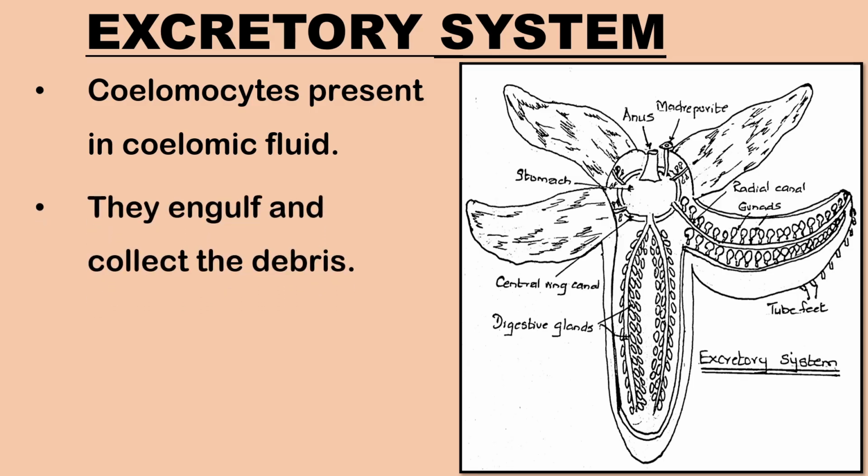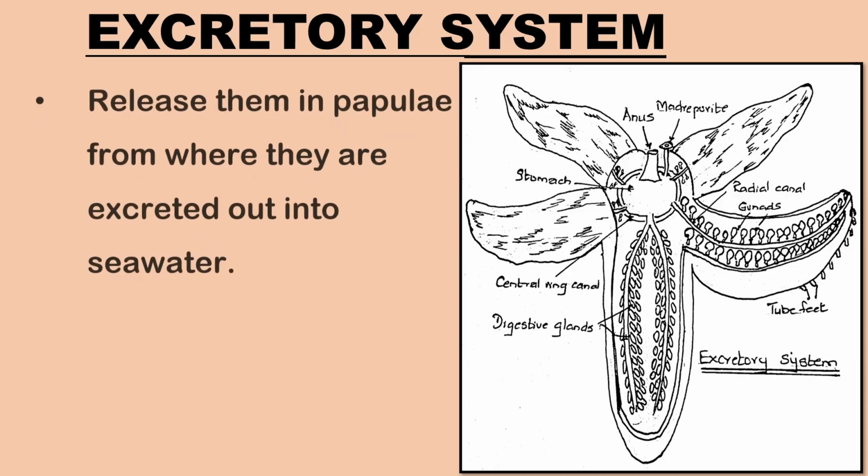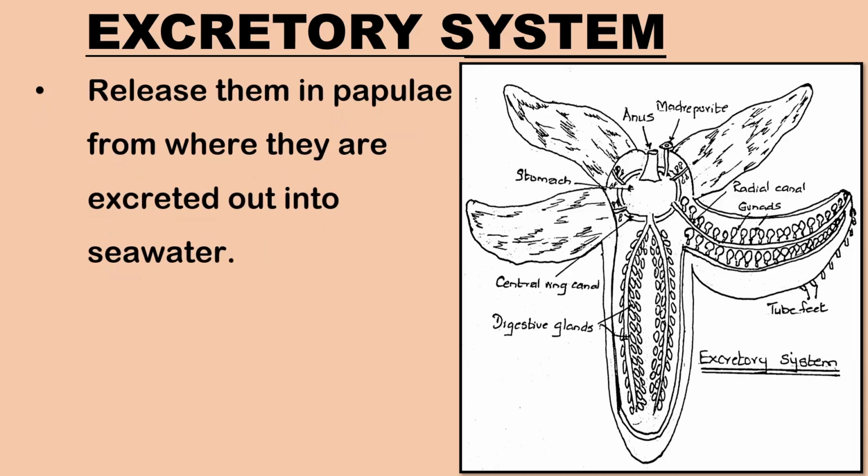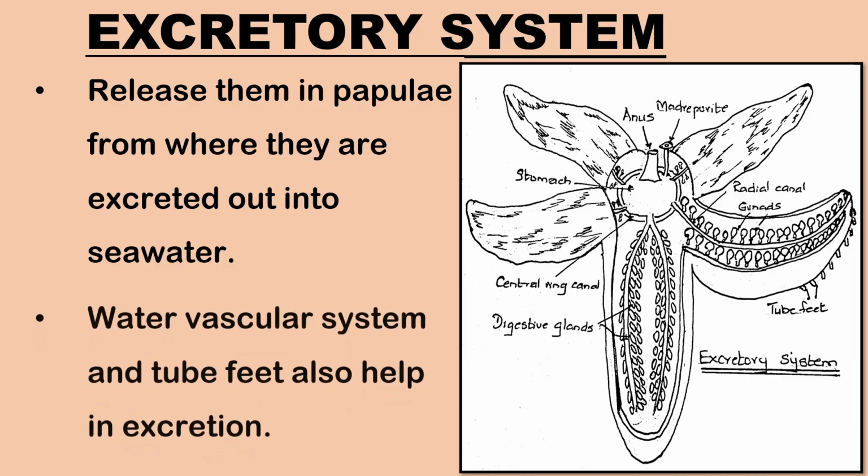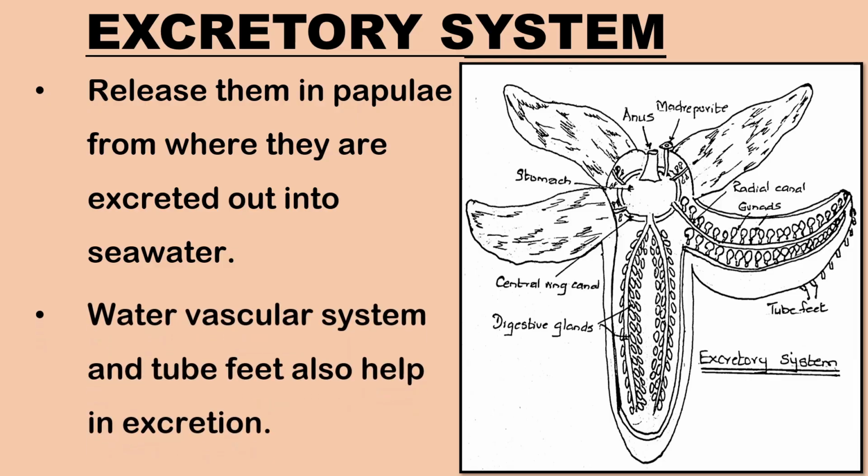They engulf and collect the waste and other debris. Coelomocytes release them in the papillae from where they are excreted out into the surrounding sea water. The water vascular system and the tube feet also help in the removal of waste from the body into sea water.